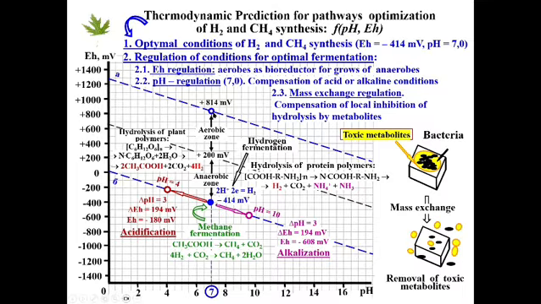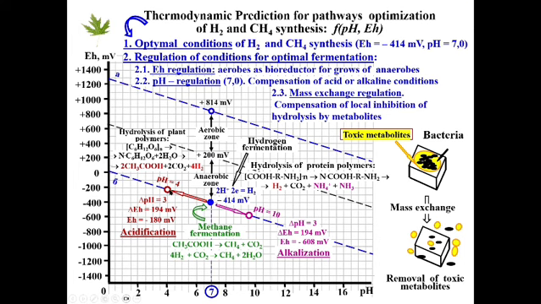And to optimize this process, we applied aerobic bacteria as bioreductant. This gives the possibility to decrease the redox potential into the zone optimal for hydrogen fermentation.